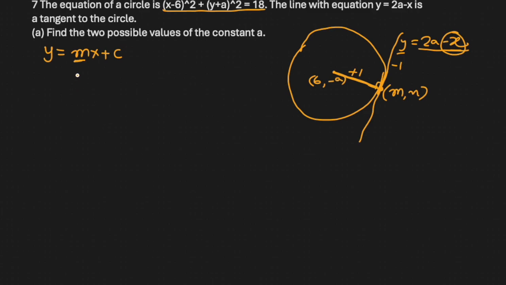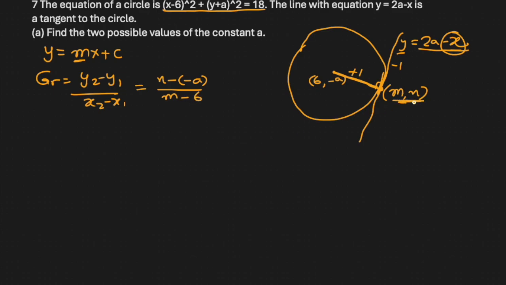And how do we find the gradient of this radius? The gradient is y2 minus y1 over x2 minus x1. So it will be n minus minus a over m minus 6. And since this m, n is also falling on the line, it means that n is 2a minus m.